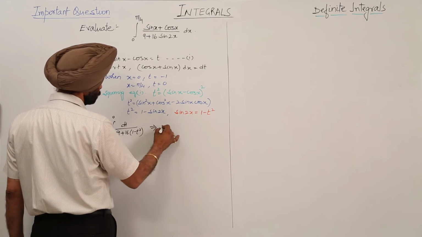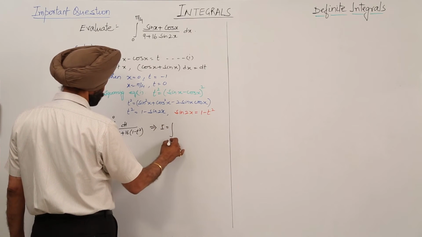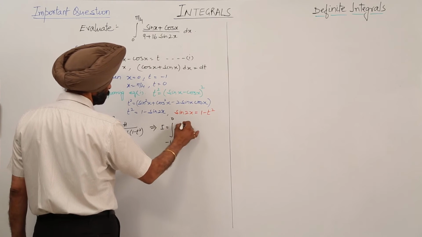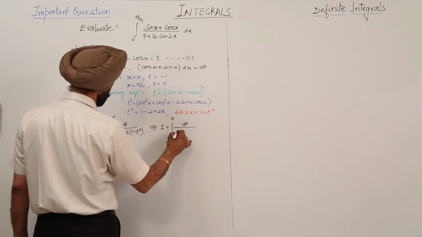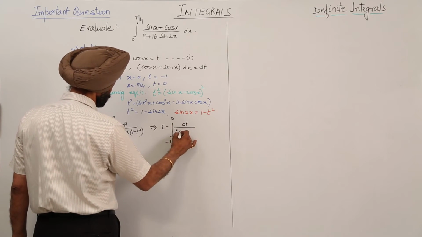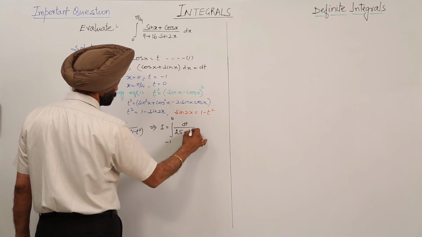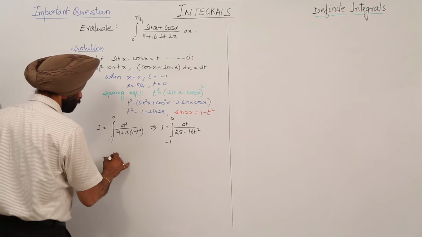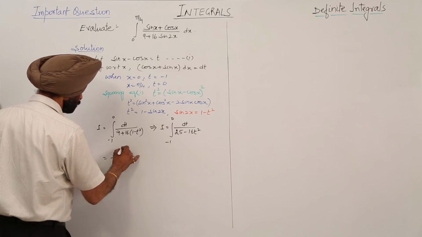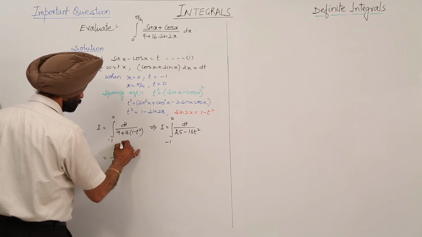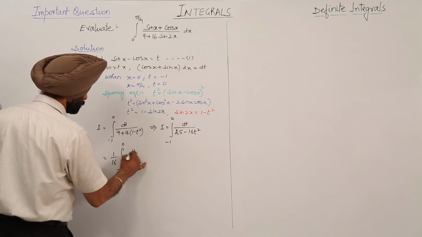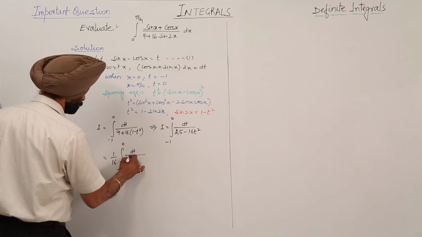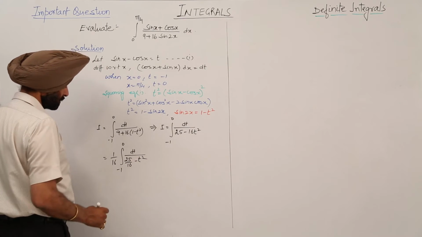Now this becomes integral from minus 1 to 0 of dt upon 25 minus 16 t square. 1 upon 16 common, integral from minus 1 to 0 of dt upon 25 by 16 minus t square.